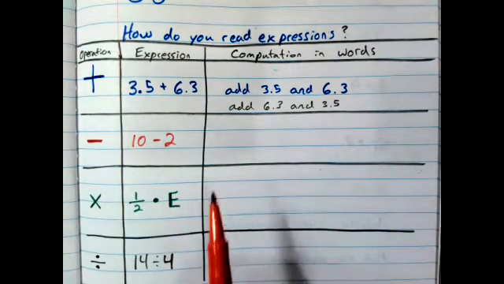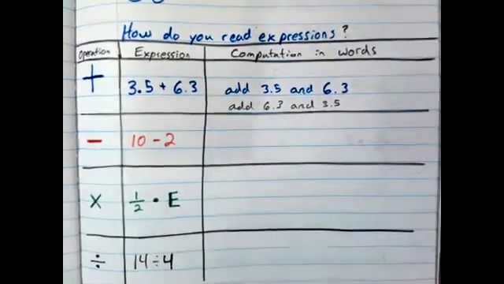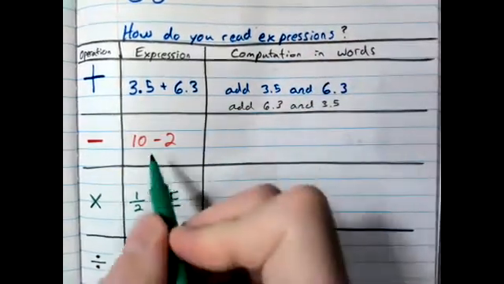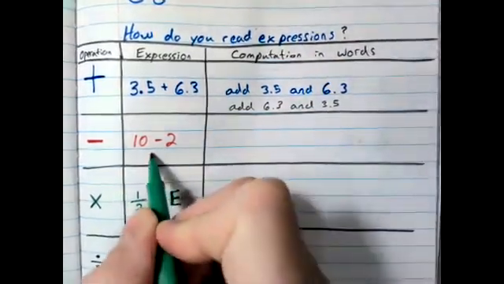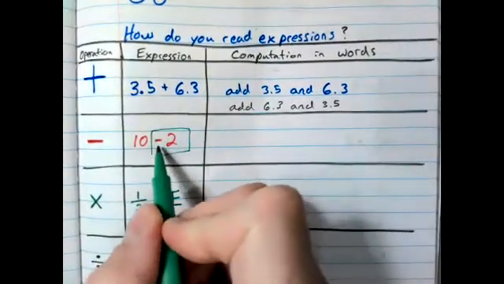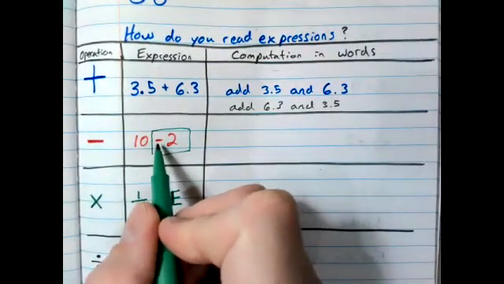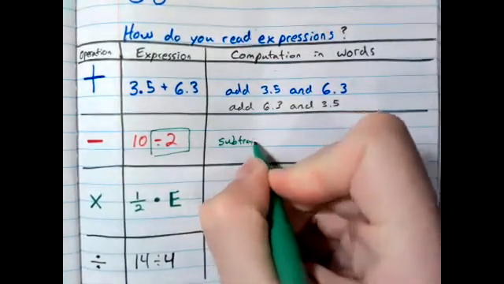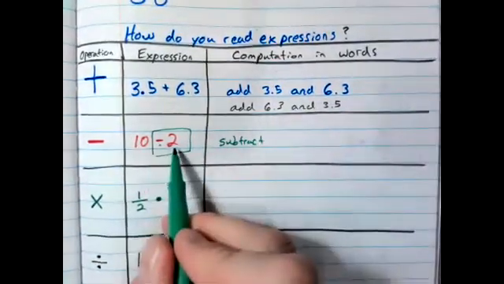Let's take a look at subtraction. Subtraction requires some order. And when we're looking at subtraction, we really want to look at the operation and after. So if we can pull that, we can look at the operation, subtract. How many are we subtracting?